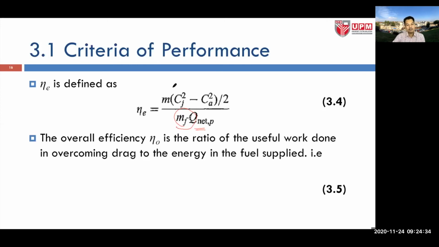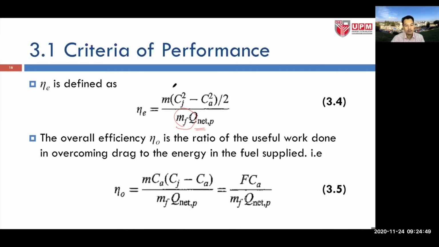And the overall efficiency, or called the zeta O, is the ratio of the useful work done in overcoming the drag to the energy in the fuel supply. So we can write the overall efficiency as the following. We have the components of the thrust, the incoming air, the mass of the fuel, as well as the energy that is involved.